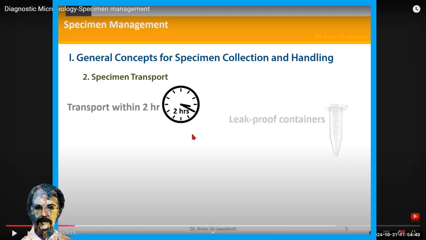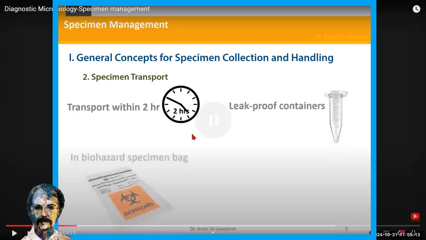For almost all of them it is less than 2 hours. In the 14th edition, it was less than 2 hours for all samples. In the 15th edition, it is less than or equal to, and the urine was down to half an hour. This is one of the major differences between the 15th and 14th editions.